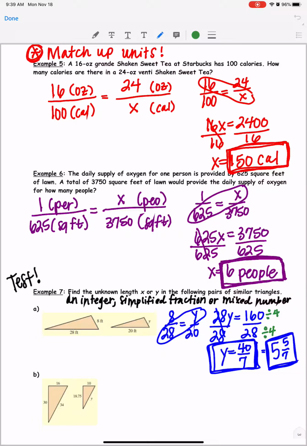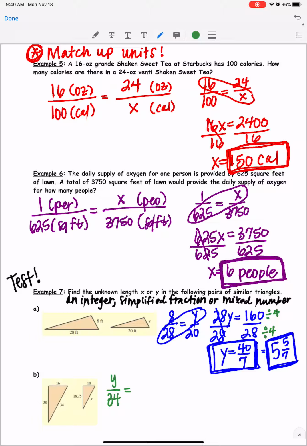Okay. So A had about 8 different ways we could have set that one up. That's only with 4 numbers. This one now has 6 numbers, so there's way more than 8 ways. What I do know when I set this up is that I need this y in here some way. So I'm going to go y over, y goes with 34 in this triangle.